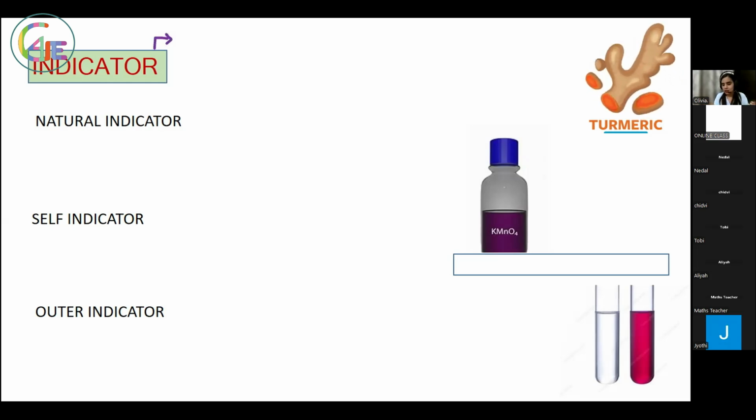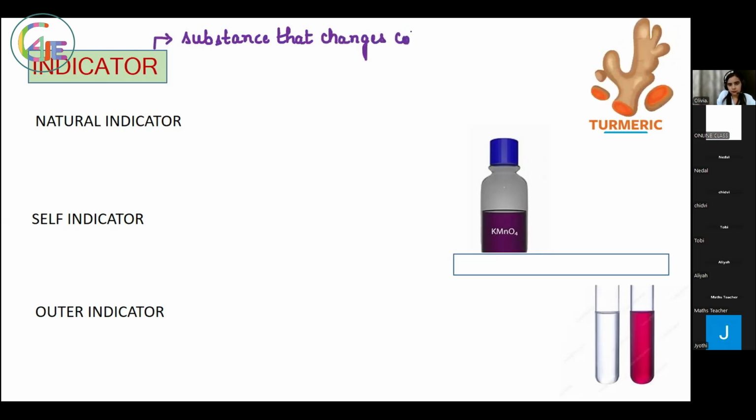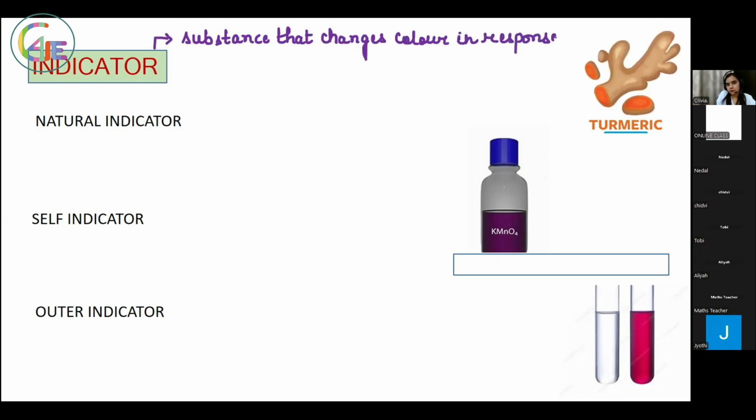It's basically a substance that changes color in response to the medium. When I say medium, it means acidic or basic medium or neutral medium.